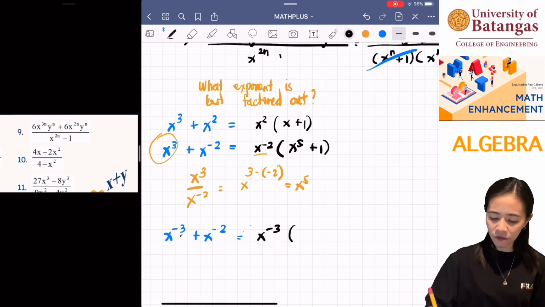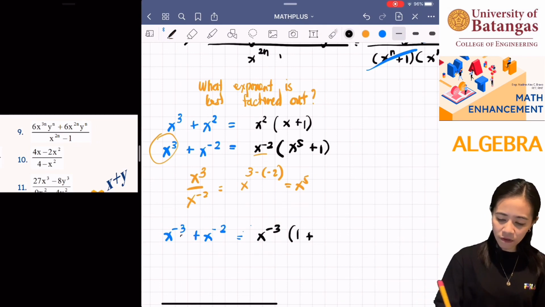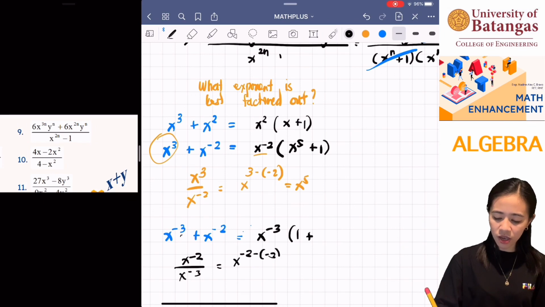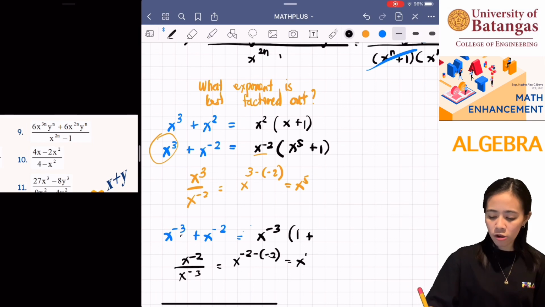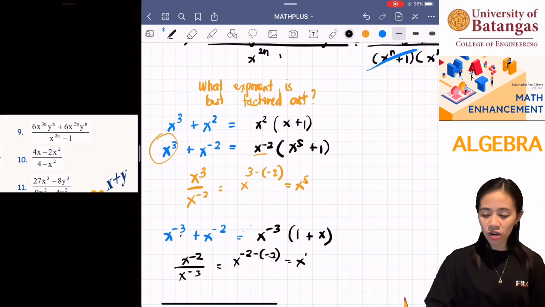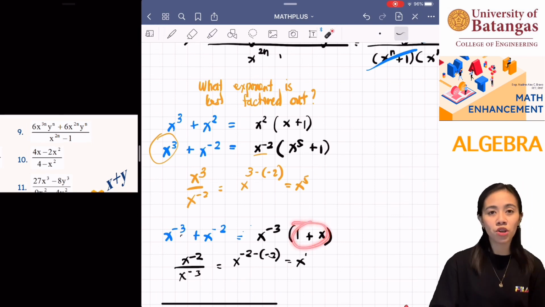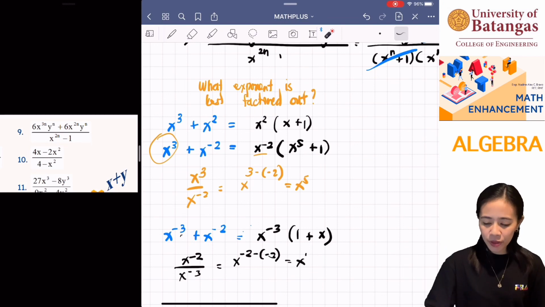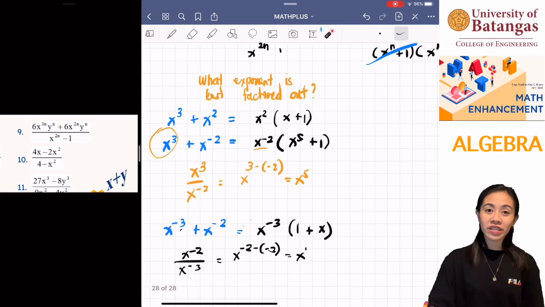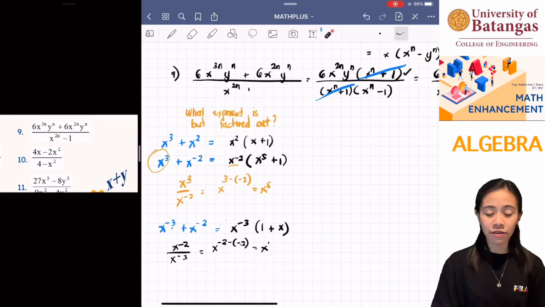Obviously, that would be positive 1. Plus, if you have x raised to negative 2 all over x raised to negative 3, that will come as x raised to negative 2 minus negative 3. And that's negative 2 plus 3, so you'll get positive x raised to 1. So magiging positive x na lang to. So as you can see, natanggal natin dun sa polynomial yung negative exponent, na-factor out natin siya. Okay? So yun yung technique kapag nag-factor kayo.